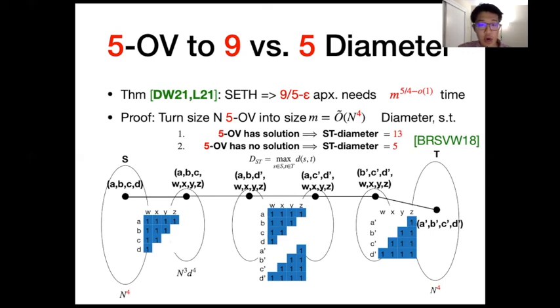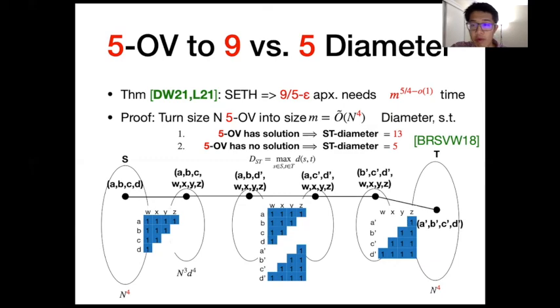Okay, so at this point, we don't have a construction for diameter yet, because, for example, even though the distance from S to T is 5, between 2 vertices in S the distance could be more than 5. Additionally, all of these internal vertices could also be at distance more than 5 to other vertices.